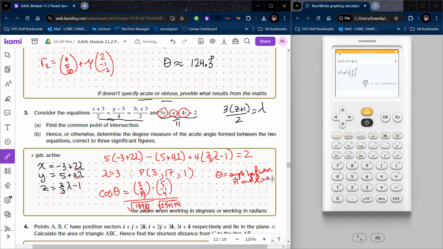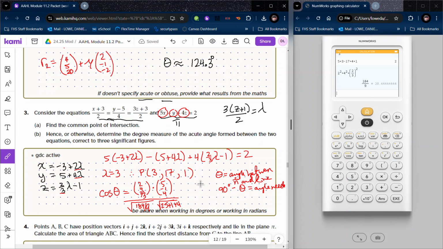So if we want the angle between the line and the plane, then I could say 90 degrees minus theta, if I'm working with an acute angle, is going to be the angle needed.